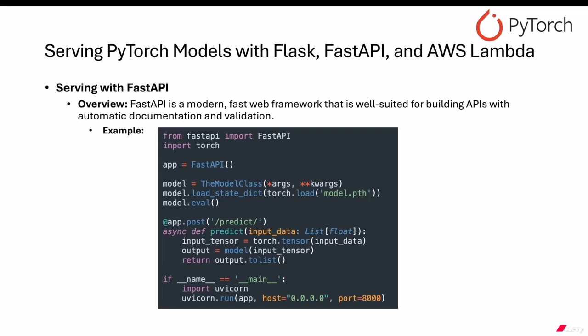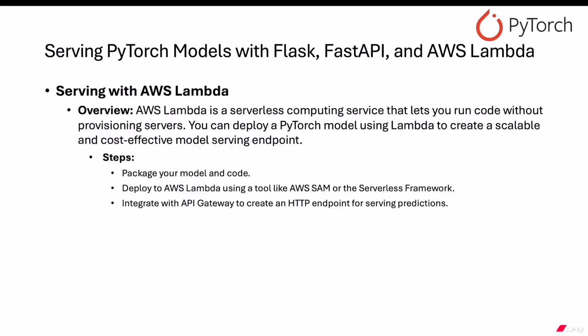And again here the path @app.post('/predict'), async function predict with input data as a list of float, input_tensor equal to torch.tensor(input_data), output equal to model(input_tensor), and then return output.tolist() to whoever called it. If __name__ equal to main, import uvicorn and uvicorn.run(app, host=whichever host you're running it on, and port=8000), set the port based on what your port is.